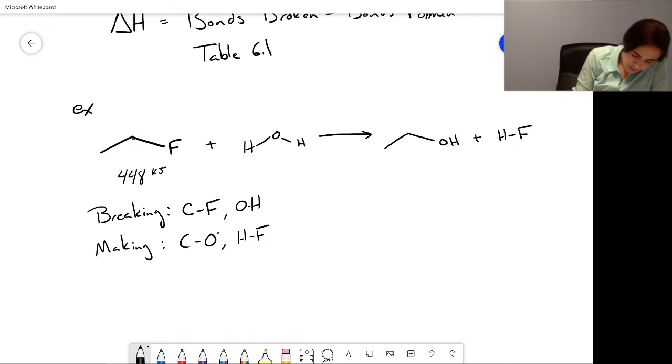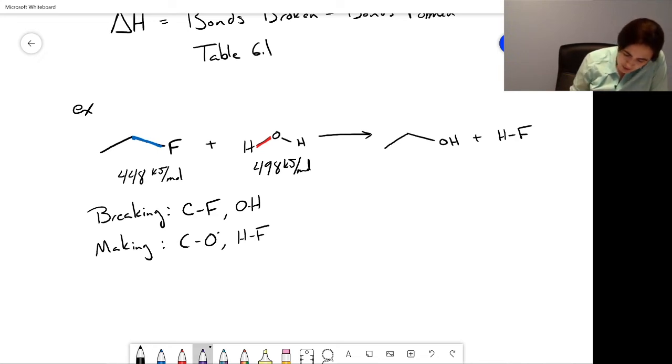448 kilojoules per mole for the CF bond. Looking at the OH bond, 498 kilojoules per mole.